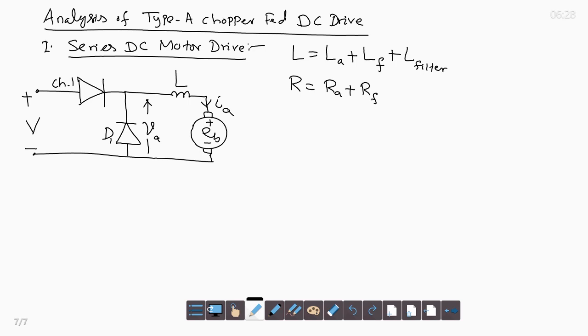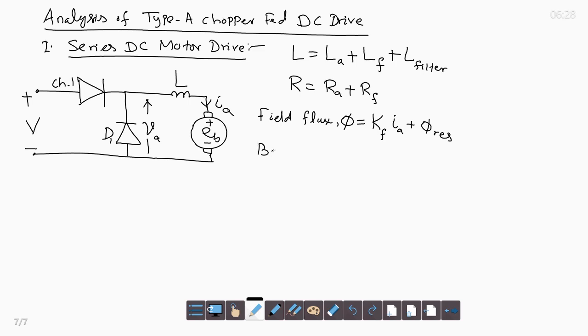Because it is a series motor, you can write field flux phi as Kf Ia plus residual. Phi residual is the residual flux, and apart from the residual flux, the remaining component of the flux is proportional to armature current. Because it is a series motor, you neglect the saturation.